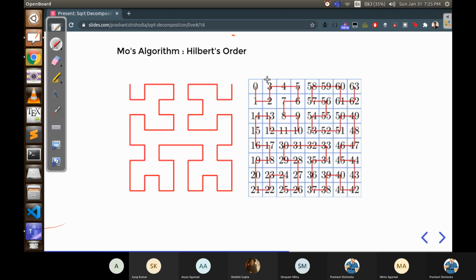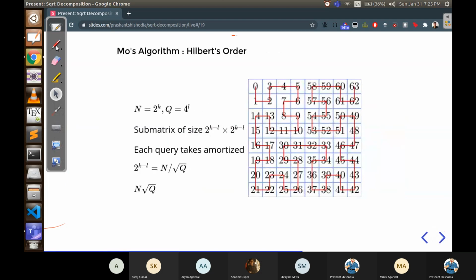So just remember that in Hilbert's order, you do not do anything extra, but you use a different sorting function that sorts the queries in an amazing order, and you get the same complexity of n root q, but this is a little bit faster than the usual Mo's. So if your usual Mo's is unable to pass the time limit, use Hilbert's comparator. That is not much different, just the sorting comparator.